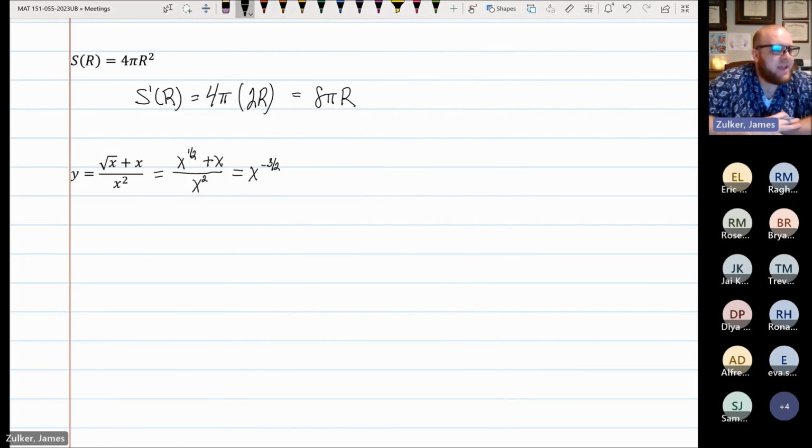So x to the half divided by x squared is going to give us x to the negative 3/2 plus x over x squared, x to the minus first. Now we can take the derivative.